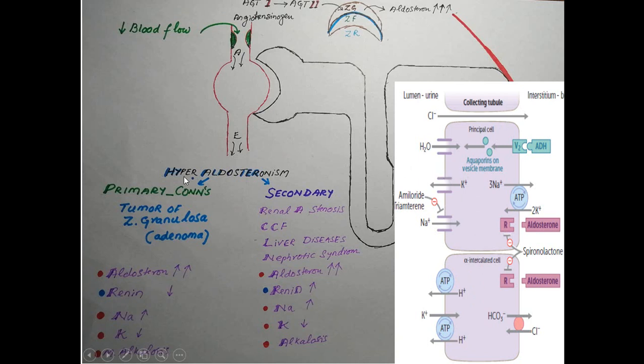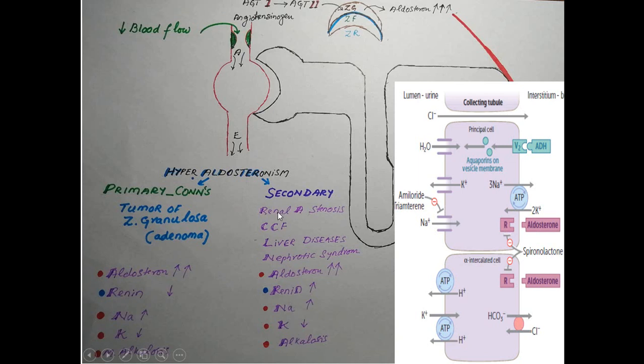Now this hyperaldosteronism is of two types. One is known as primary hyperaldosteronism, which is known as Conn syndrome, and the other is known as secondary hyperaldosteronism. Secondary means your adrenal gland is normal and it is producing more aldosterone under the effect of some other disease.